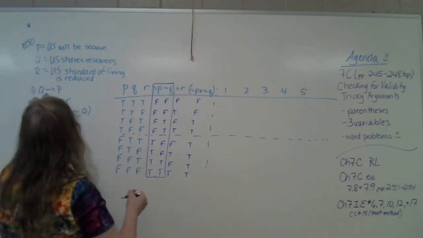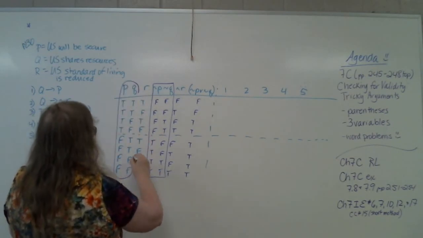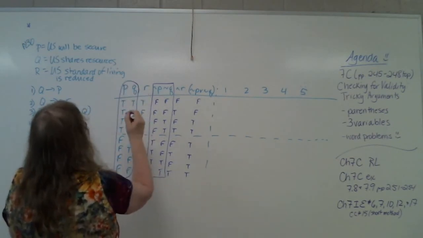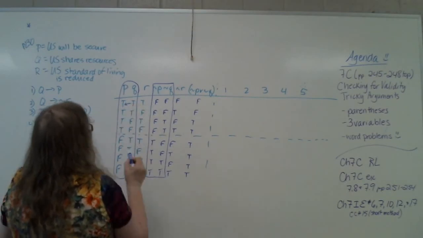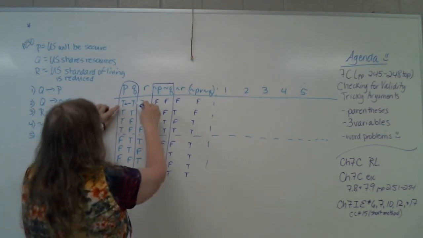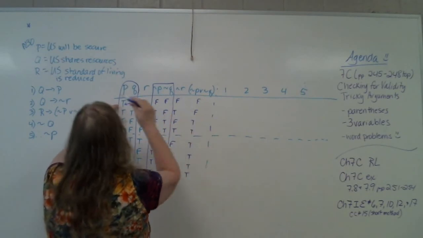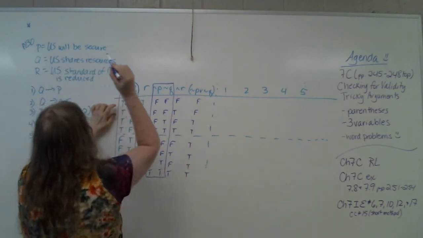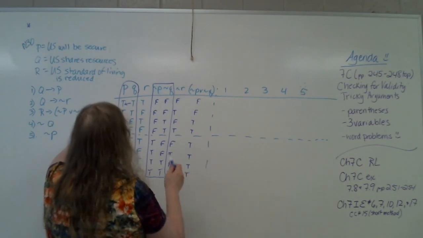If Q, then P. It's my first premise, okay? And yes, it's P and Q, but they're backwards, okay? So my arrow is actually going this way when I'm looking at Q first and then P. So I have to be careful. If my antecedent is true, but my consequent is false, that's what I'm looking for.